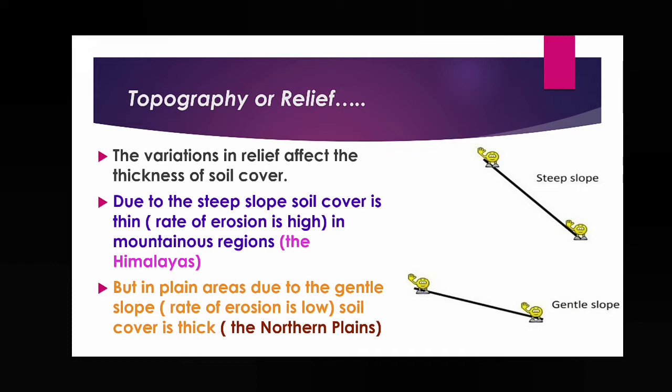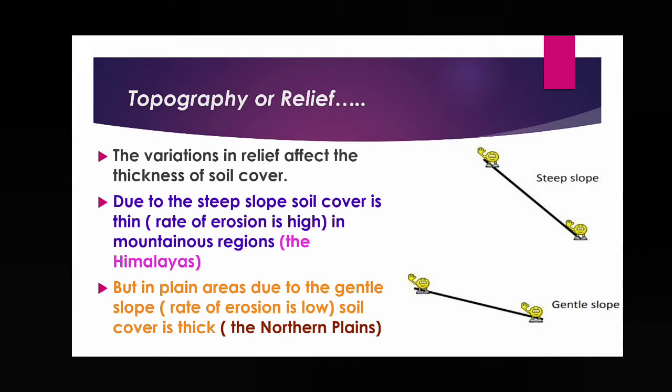But when you come to gentle slope, the speed of the water is less, that's why erosion is less, and that's why the thickness of the soil is more, thick soil is present. Clear? That is the difference. Again I am telling, there are two slopes. Example I have given, steep slope means mountainous region, gentle slope means plain areas. So where the speed of the water is more, that is in the mountain region.